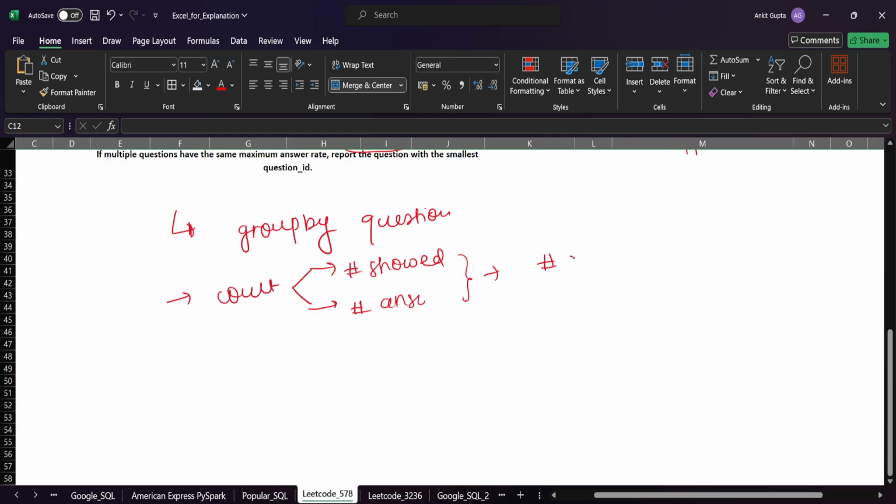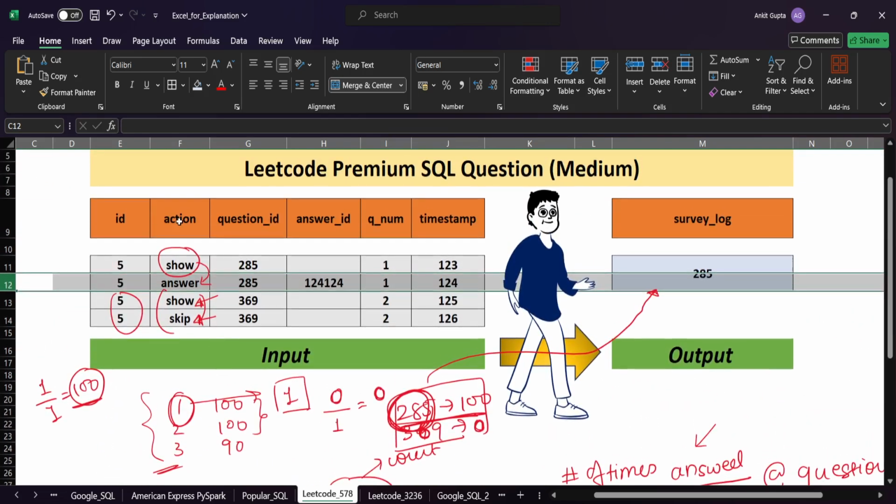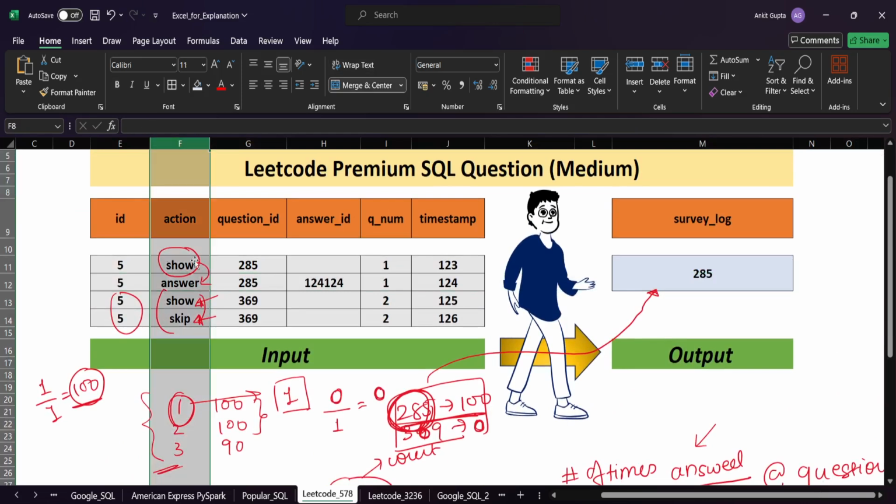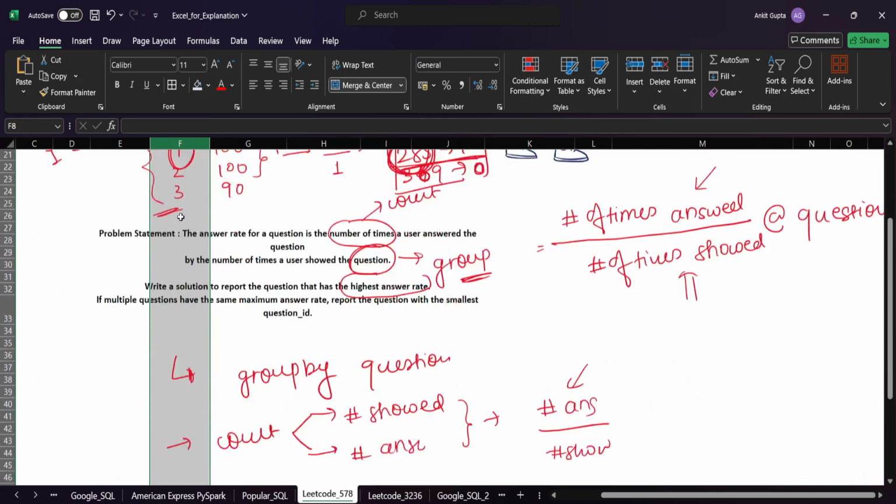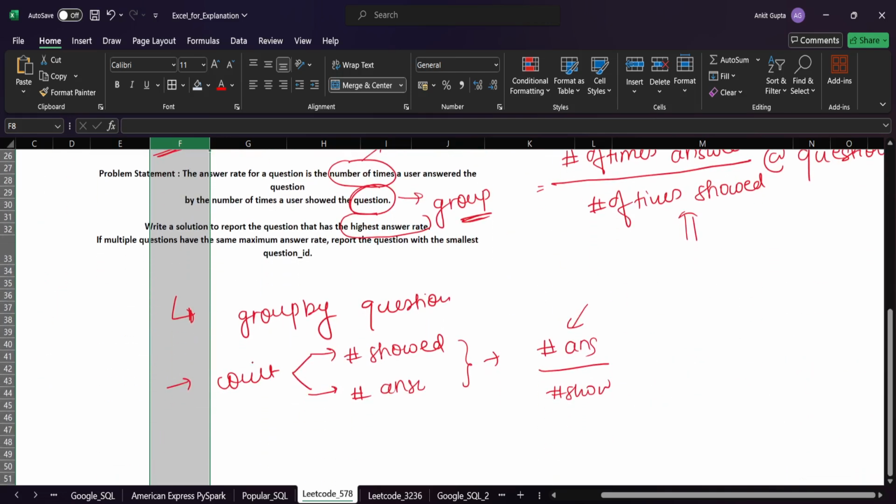So we can have the ratio of answer divided by the number of shows. To find the show and answer counts, we can make use of the action column using the case when statement and put it inside the sum aggregate function. To tackle the second part of the problem, if we have multiple questions with the same answer rate, we can generate the dense rank.